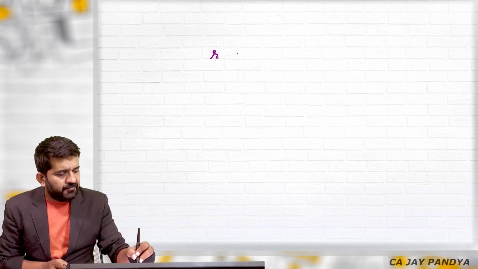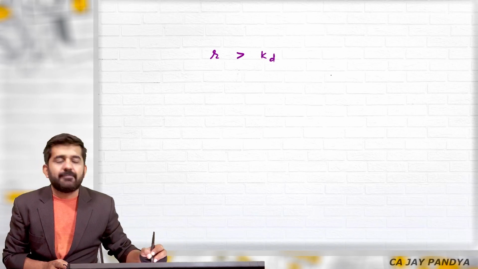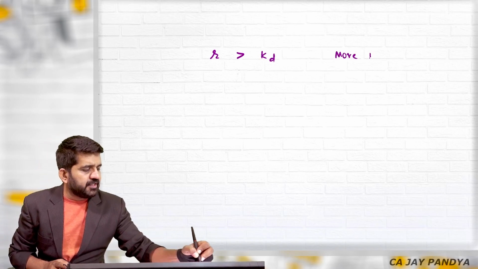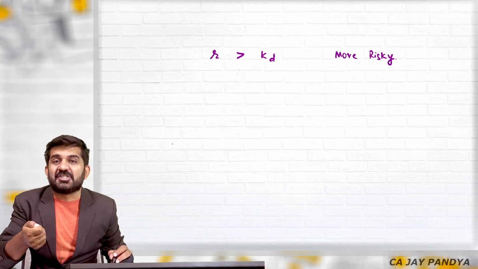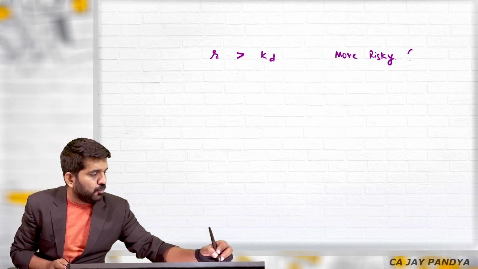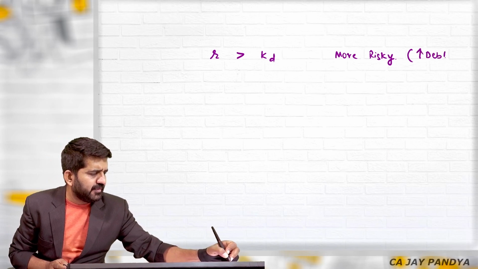And we have understood, we can directly take the decision if preference shares are not involved, only equity and debt are involved. If R is greater than KD, go for a more risky capital structure, having higher debt.